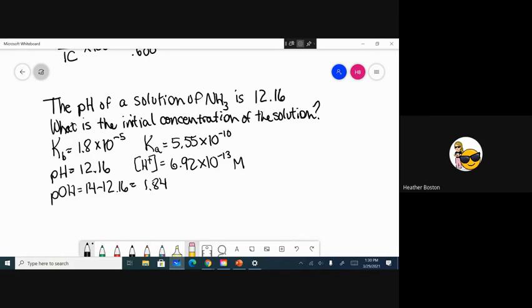Let's write down our formulas just to remember. I'm going to use your AP reference packet, so we're not writing down formulas we're not allowed to use. Make sure you know what's going to be given to you so you don't try to use things that were not given to you.